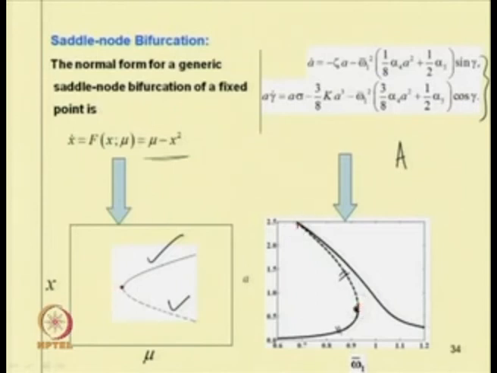In this case, by finding A, the Jacobian matrix, find the eigenvalue, and check at what point, by changing this control parameter, the eigenvalue changes from positive to negative or negative to positive, or has a 0 eigenvalue. By finding that point where it has a 0 eigenvalue, we can tell it corresponds to a critical point or a bifurcation point. In this way one can find the saddle node bifurcation point.